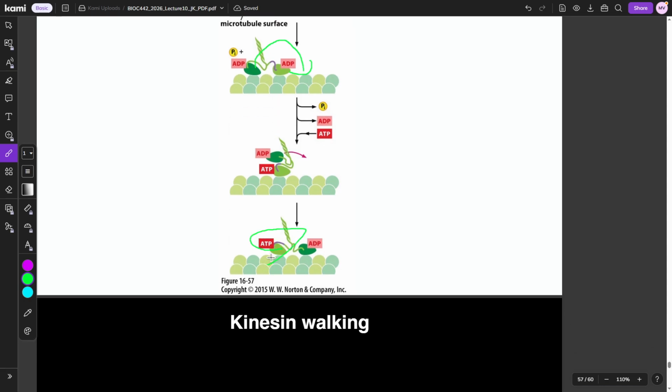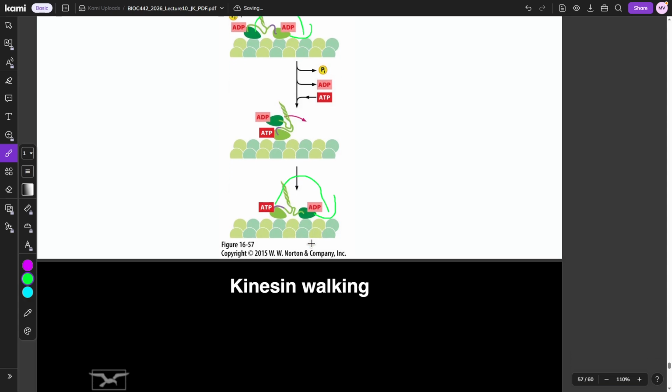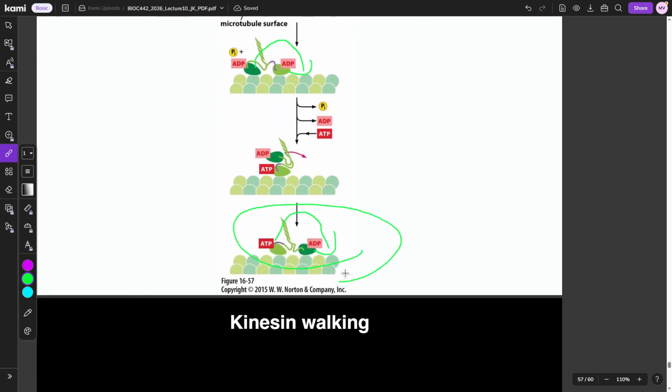The ATP is hydrolyzed, this leg shifts out in front, this leg binds another ATP, and you continue the process all over again. That process is how these things move along the microtubules. And remember, these things are moving at 350 miles per hour. They are moving very, very fast. You can't even see how fast they're moving.